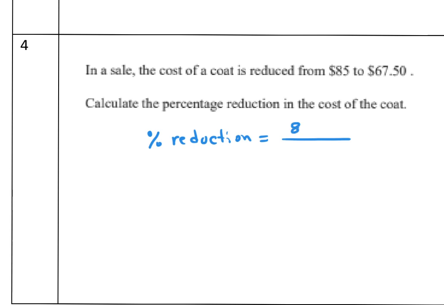So subtract 85 minus 67.50, divide by the original price, which is 85, then multiply by 100 equals 20.59 to 2 decimal places. If you have money, round to 2 decimal places.